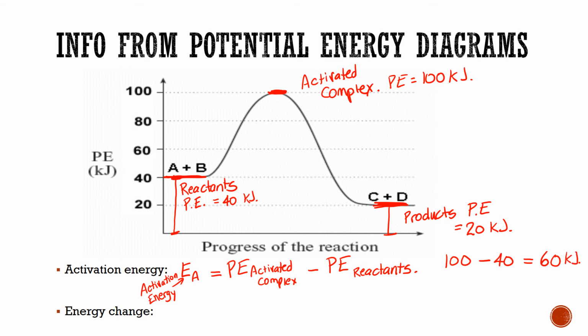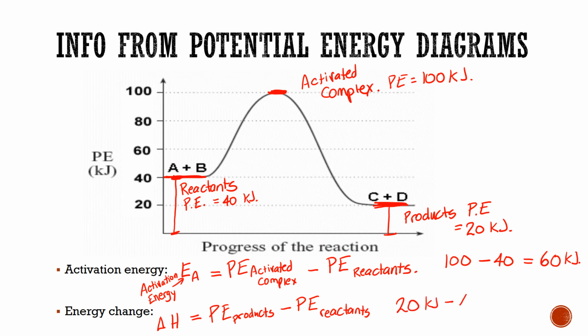Now my energy change, what I'm looking for with an energy change, is my change in enthalpy, delta H. And my change in enthalpy is equal to the potential energy of the products minus the potential energy of the reactants. So the potential energy of the products is 20 kilojoules.